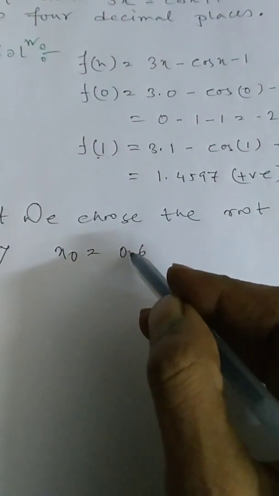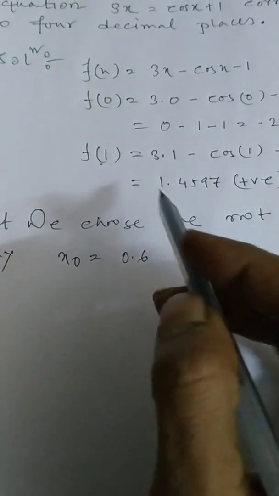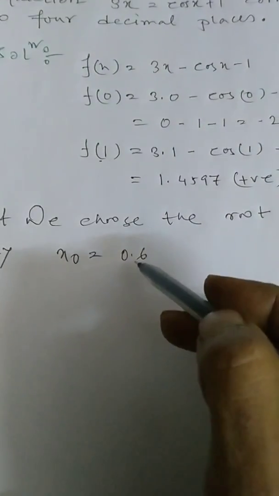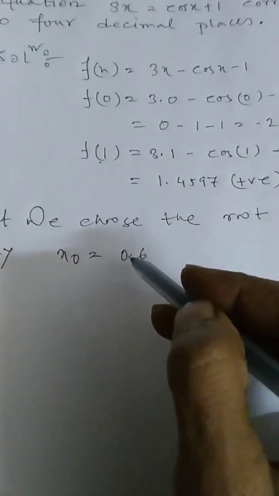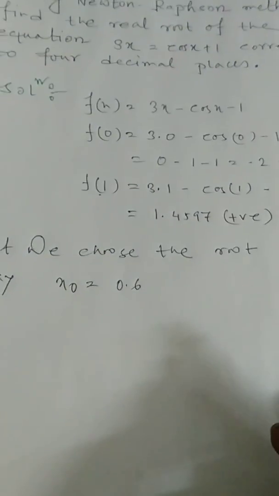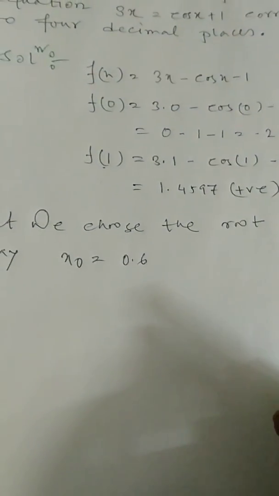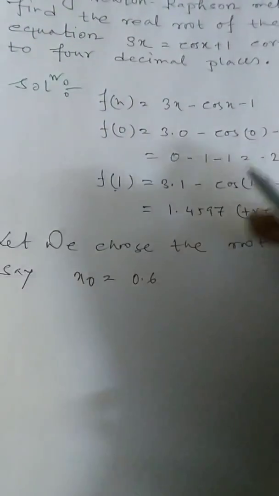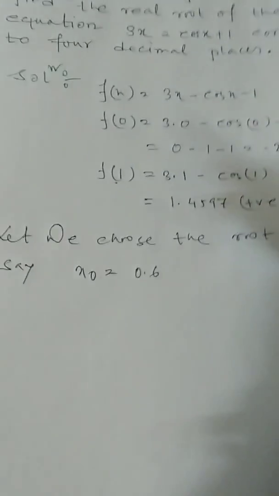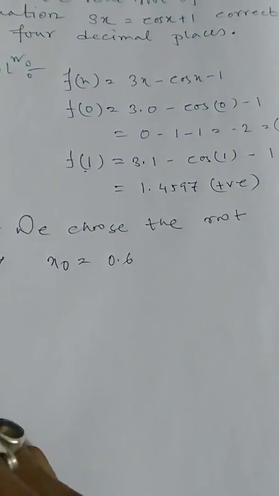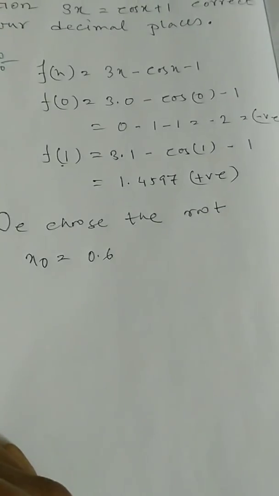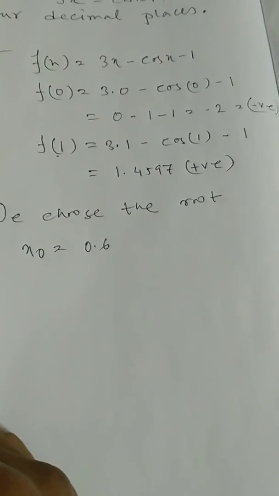It is always convenient to take the midpoint of the two points 0 and 1, it may be 0.5, but we take here x0 equals 0.6. And this is a very important part of how we proceed. Here we choose x0 equals 0.6. Now we will use the Newtons Raphson method.